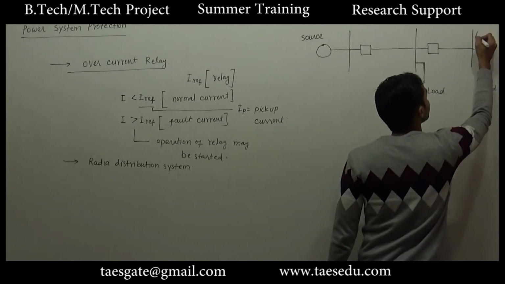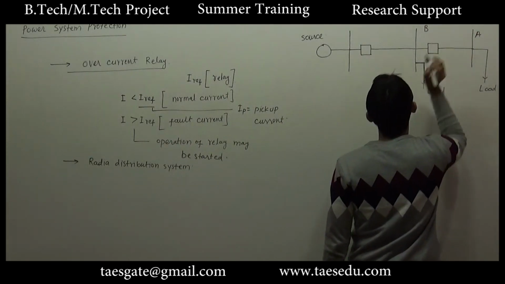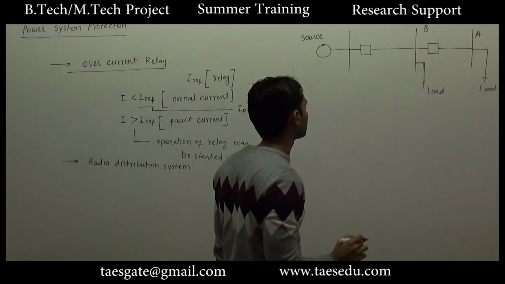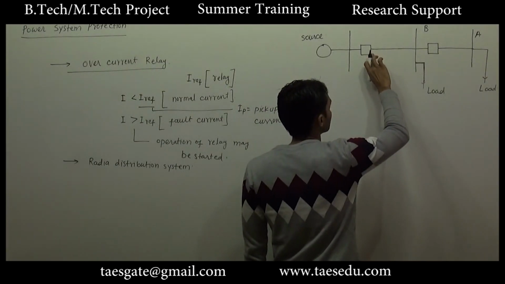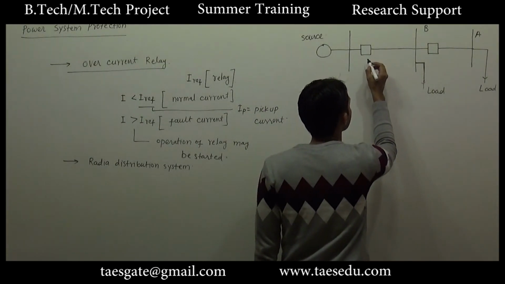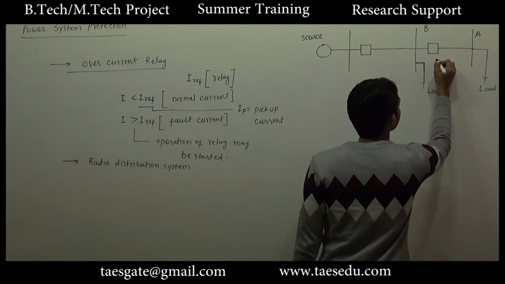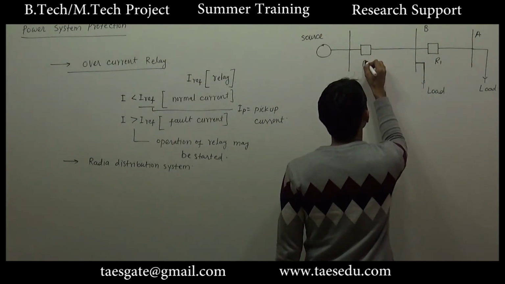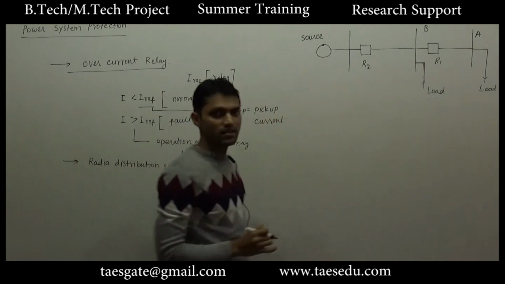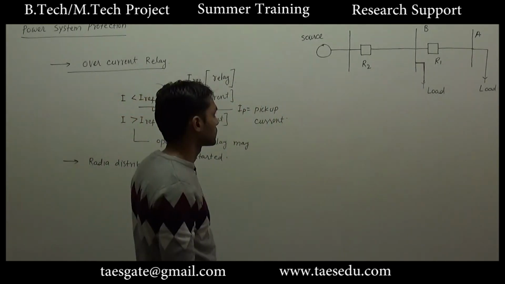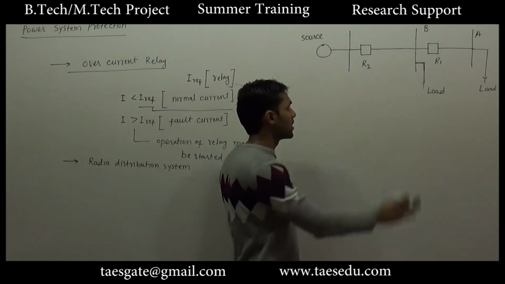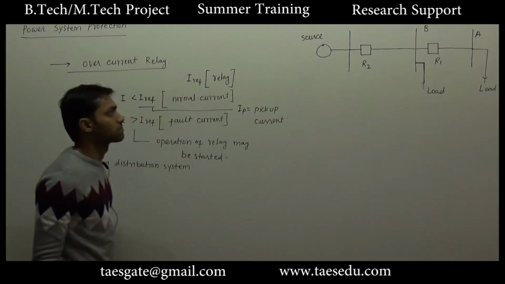Let's say this is bus A, this is bus B, this is the generator bus, and this is relay 1 and relay 2 along with their circuit breakers. Let's say R1 and R2 are overcurrent relays.